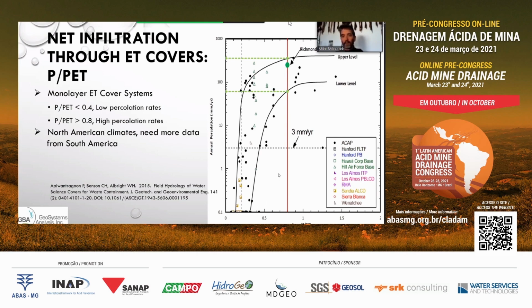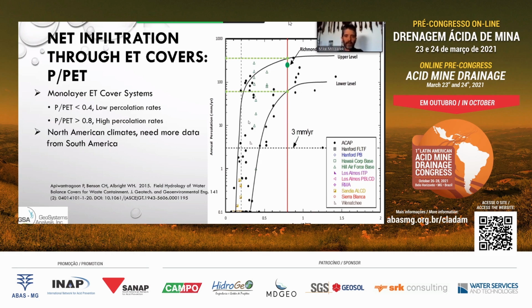What we see is that there's a distinct pattern of the annual precipitation over potential evapotranspiration: once you start to get above a ratio of about 0.8, at that point, you start to get very high net infiltration rates.